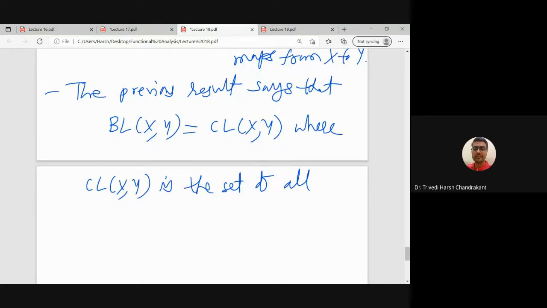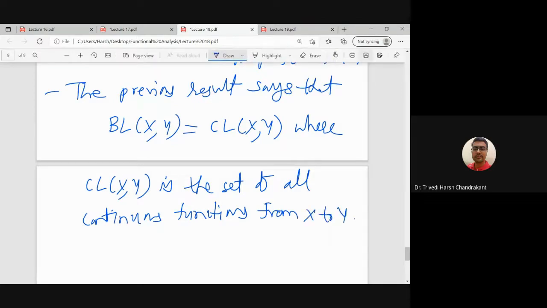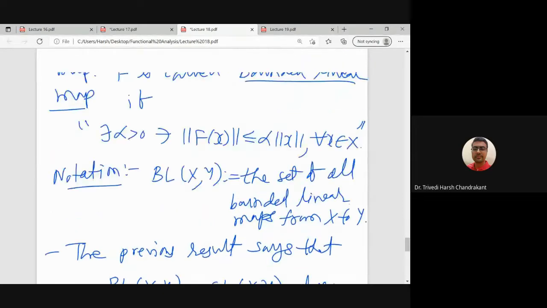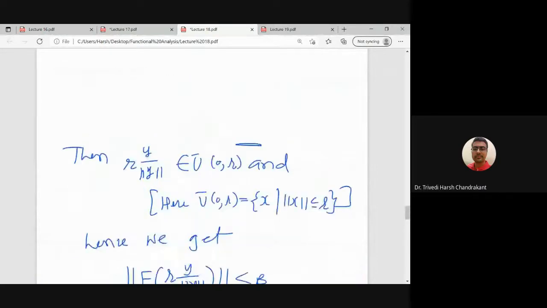So linearity is important. Okay, so this is regarding the characterization of continuity in terms of boundedness.